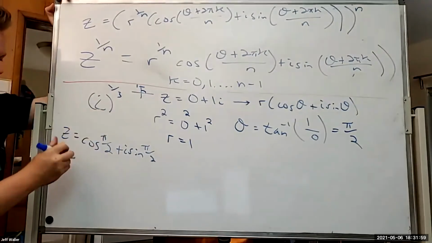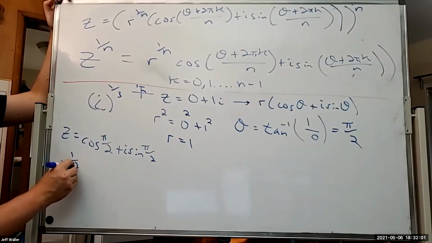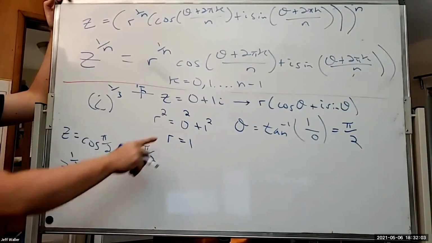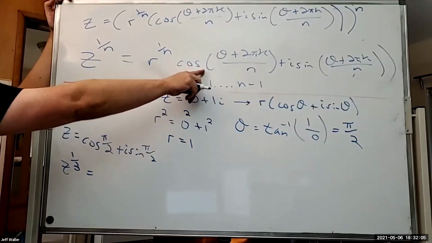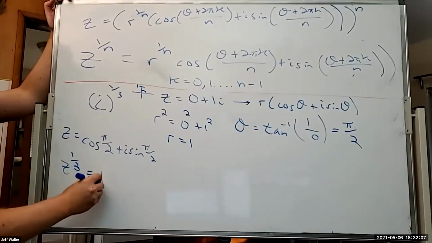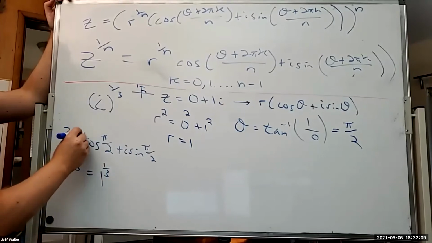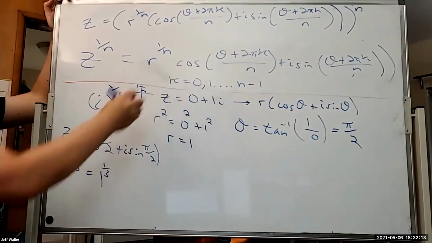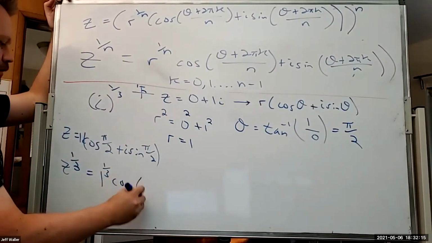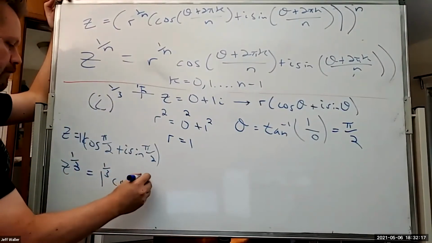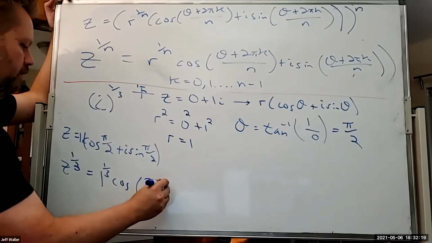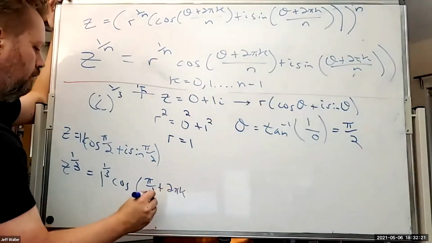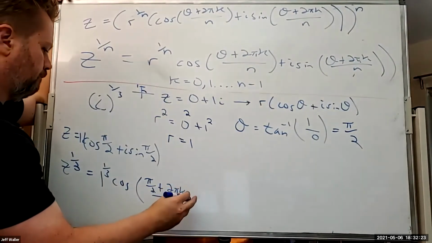All right, so now I can do z to the 1/3 power. And now I can use this. It'll be 1 to the 1/3 power times cosine of pi over 2 plus 2 pi k over n.